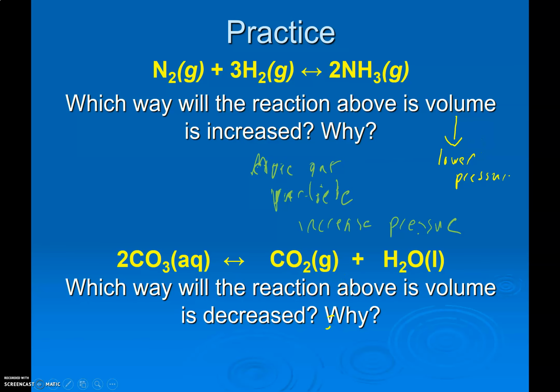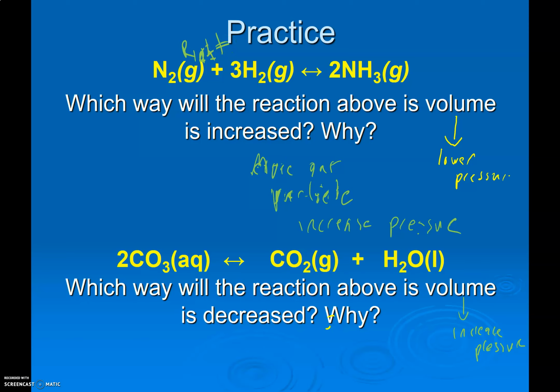Now, if we look at the system at the bottom, which way will the reaction shift if the volume is decreased? If you decrease the volume, that means you increase the pressure. So we want to shift towards the side that has fewer moles of gas.